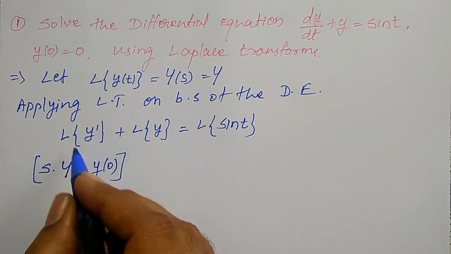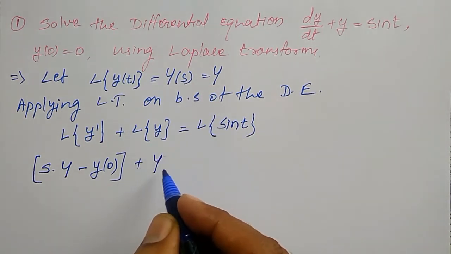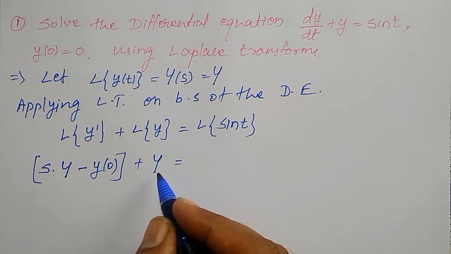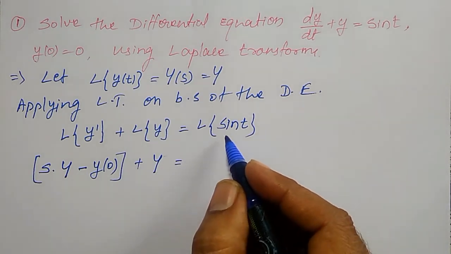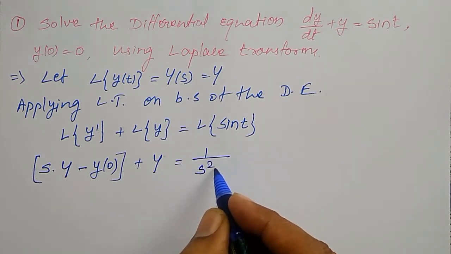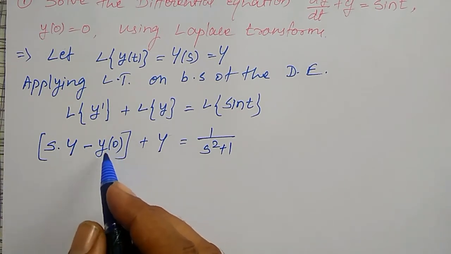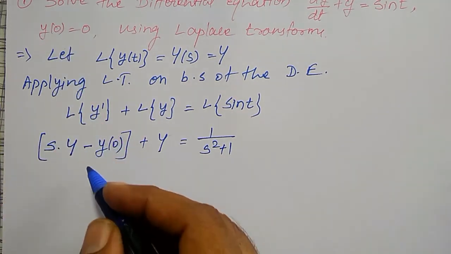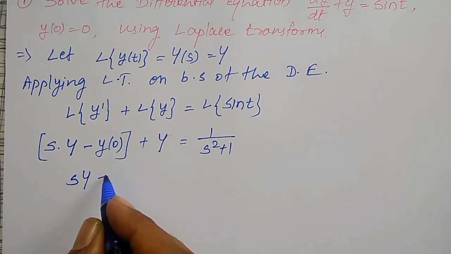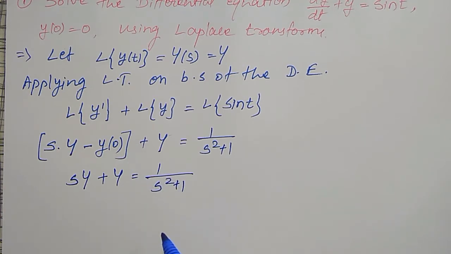This is the Laplace transform of the first term, plus Laplace transform of y, which I write as capital Y, a function of s here, equal to the Laplace transform of sin t, which is nothing but 1 divided by s square plus 1. Now substitute y of 0 equal to 0, this will cancel, therefore it remains s into capital Y plus capital Y equal to 1 divided by s square plus 1.